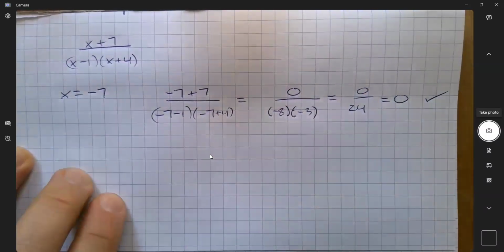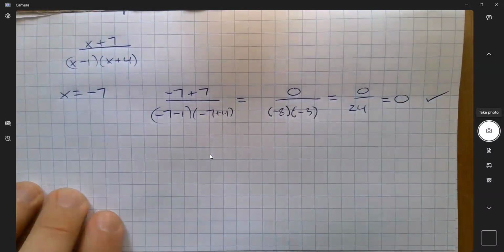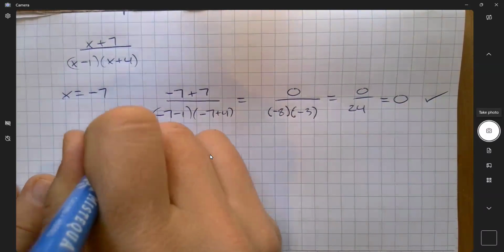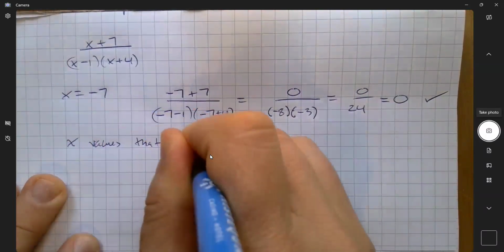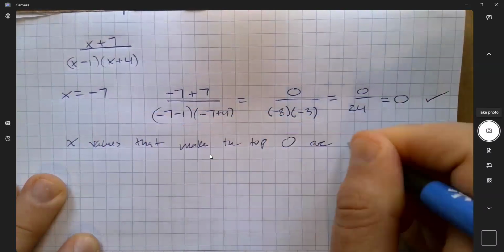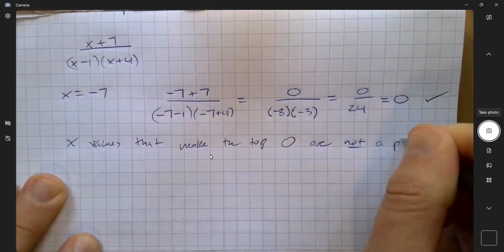That's not a problem. That's fine. So numbers that make the top 0 are not a problem.